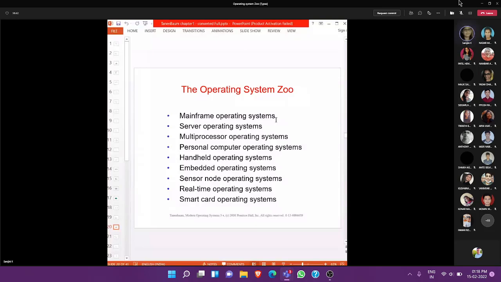Windows NT and others are multiprocessor operating systems. Remember the points we discussed under the multiprocessor operating system. It is common in current computers. Multiple CPUs will be there in a single system.